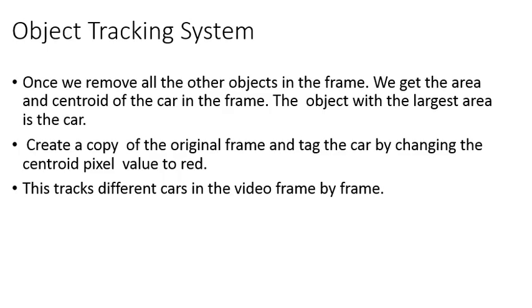Object tracking: once we remove all the other objects in the frame, we get an area and a centroid for the car in the frame. The object with the largest area is the car. Create a copy of the original frame and tag the car by changing the centroid pixel value to red. This tracks the different cars in the video frame.